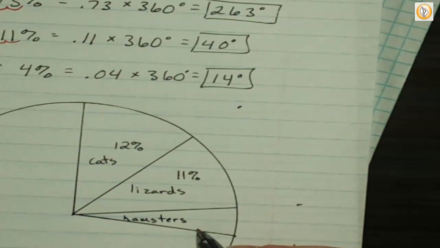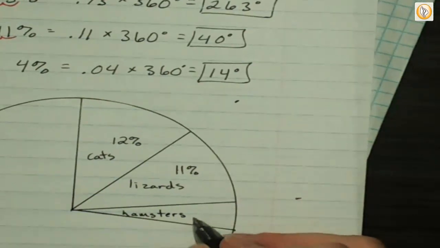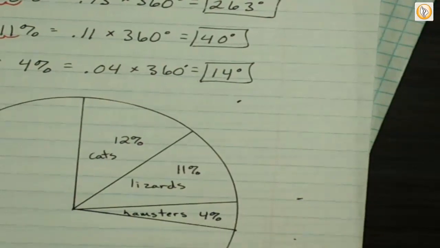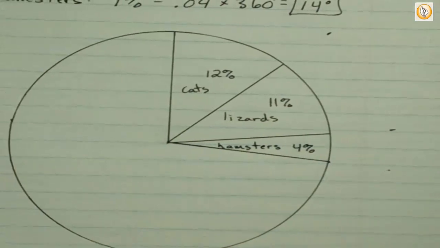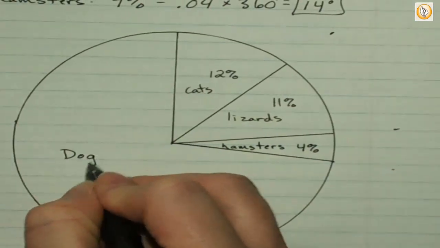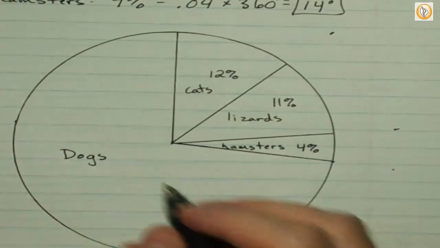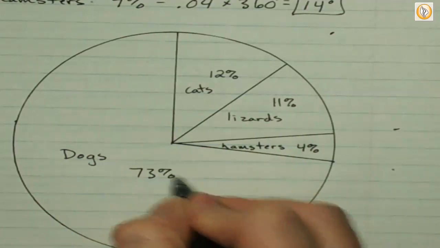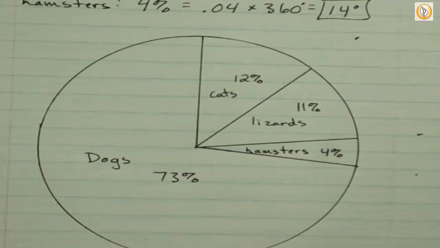I skipped over dogs because it's so big. It's bigger than the protractor. Well, how many others? And the rest will be dogs. Dogs at 73%. Oh, my bad. So we're done.